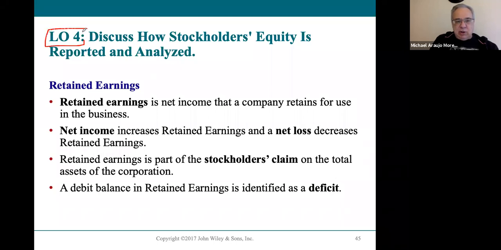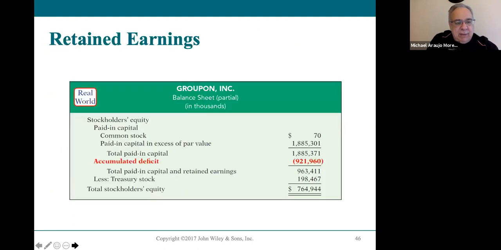Objective 4 talks about how stockholders' equity is reported and how it's analyzed. So this is also very, very important. First, let's go to a balance sheet and statement of retained earnings for Groupon.